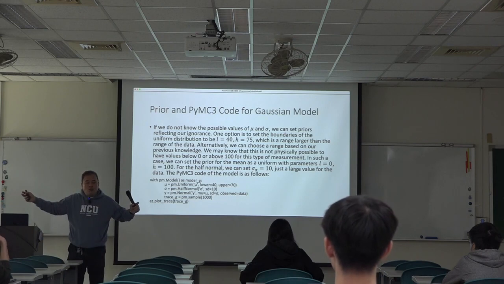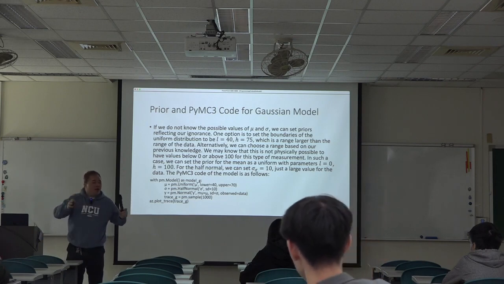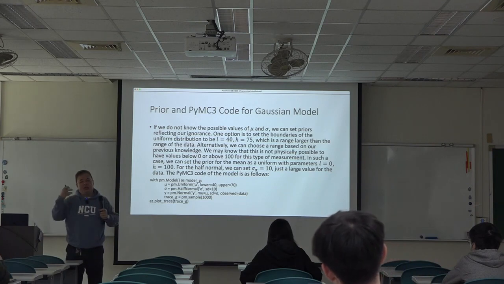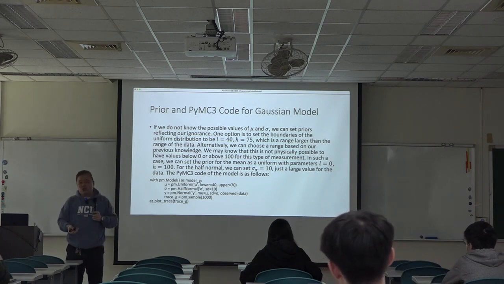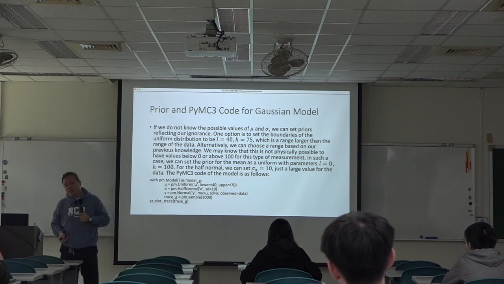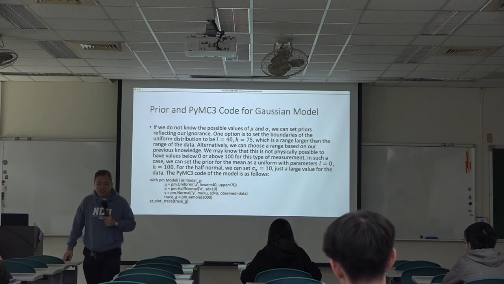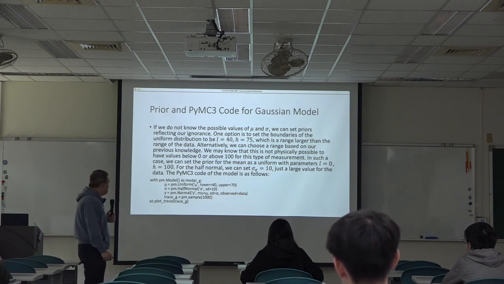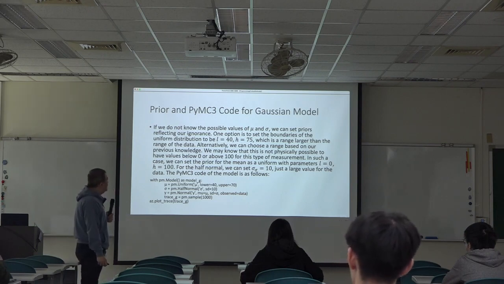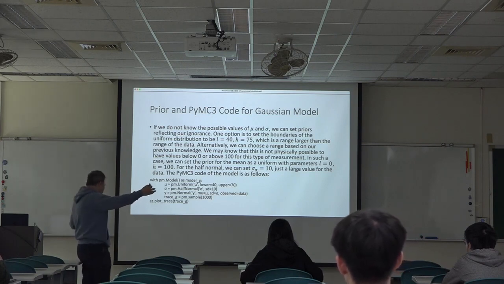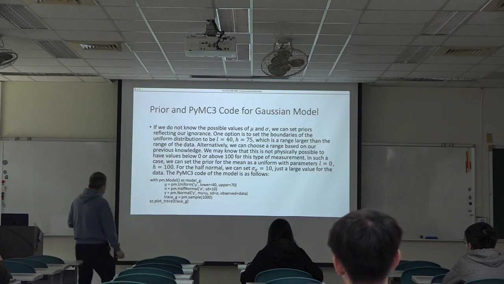This prior choice is determined by your prior knowledge about the problem. The author is in this research domain, so he thinks 40 to 75 accounts for all the values in the data set.